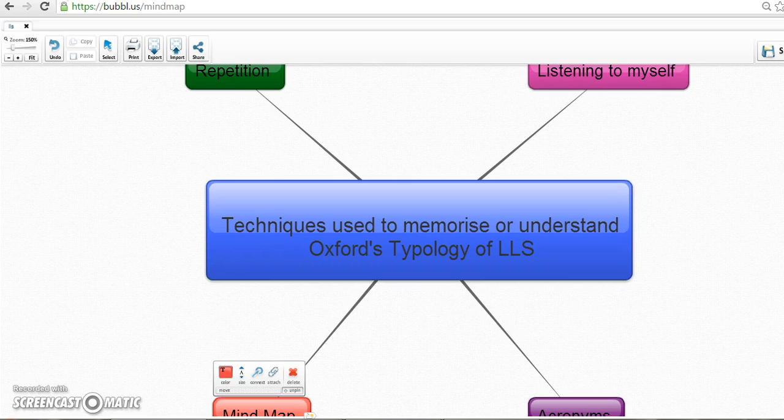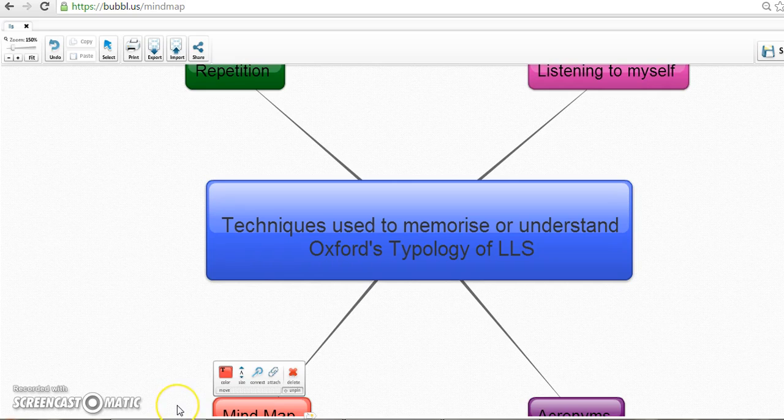So basically today I am going to share some of my techniques that I use to memorize or to understand about Oxford's typology of language learning strategies, or LLS. Actually, I'm not just using this technique for Oxford's typology of LLS, but I also use this technique for other subjects as well.